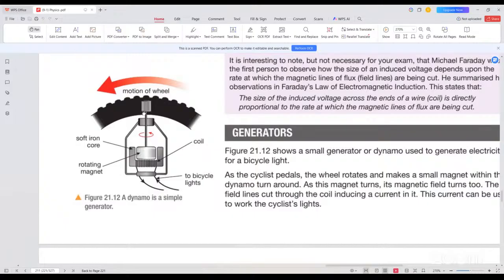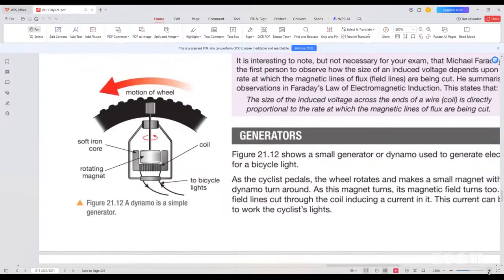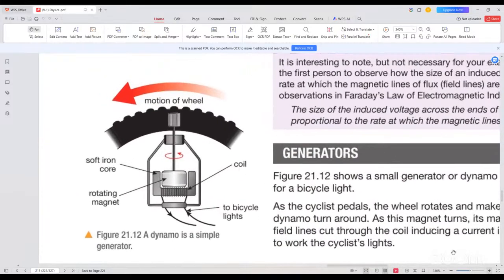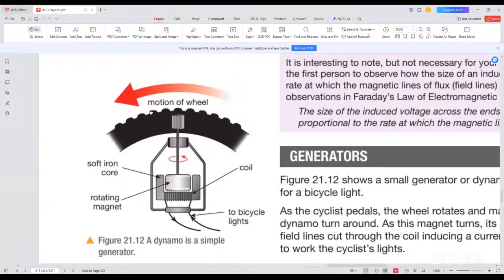This thing has a spinning wheel, and it is kept in touch with the tire. Once the tire is moving forward, rotating in this direction, this wheel is touching the surface, so it will also be rotated in this direction.